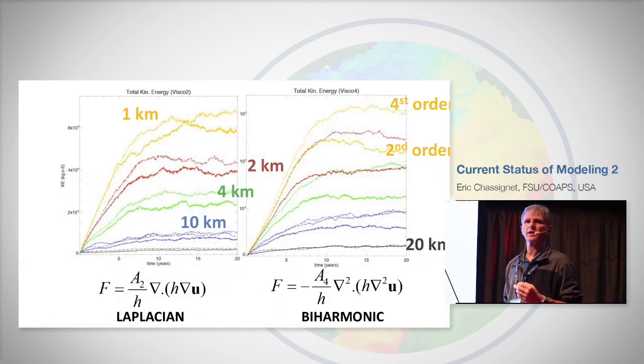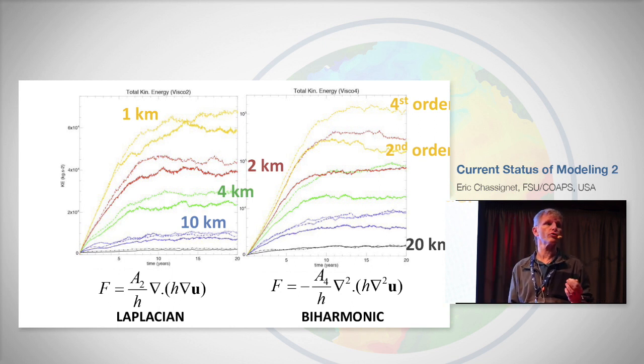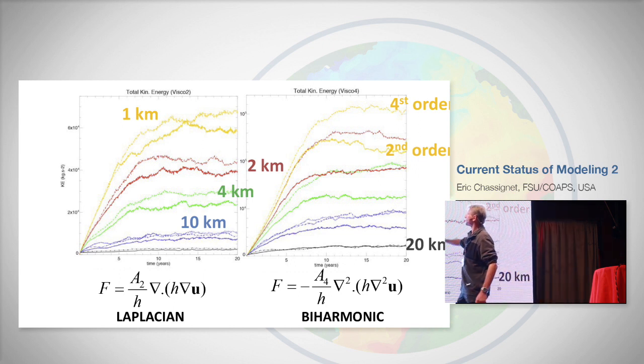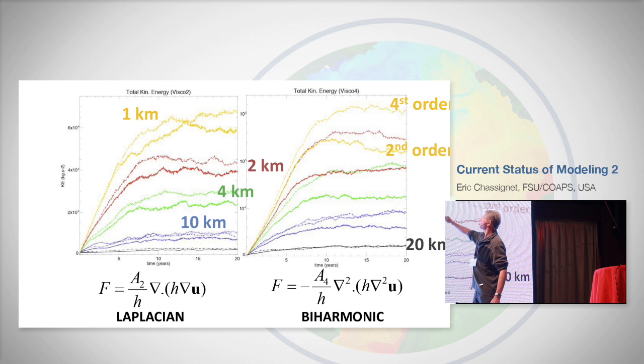Now, for all the simulations, I'm going to define Laplacian and biharmonic viscosity, which is a numerical closure. It's not the QG closure that Baylor talked about, but this is traditionally how numerical ocean models do their numerical closure. On the left, Laplacian viscosity, on the right, biharmonic, in blue, green, red, yellow, as you decrease the horizontal resolution.